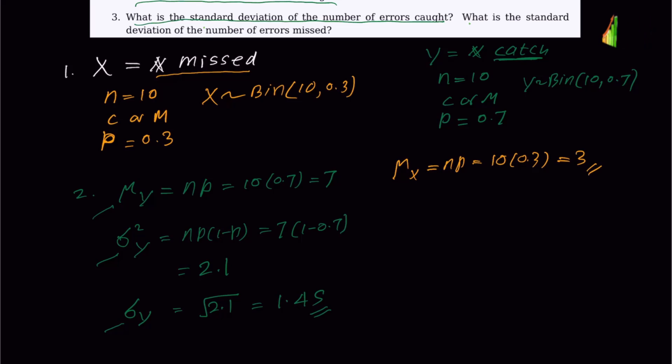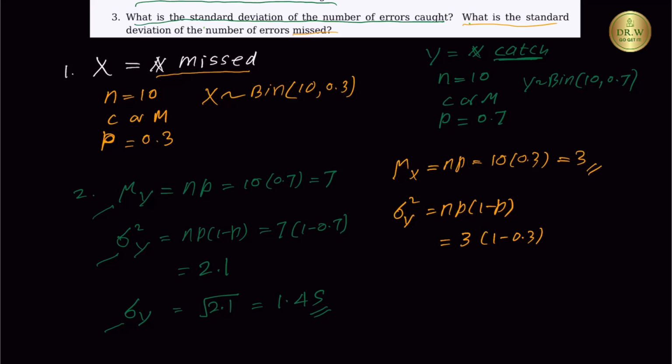Right, then go to the miss. They are asking actually what is the standard deviation of the number of errors missed. Right, first let me find the variance of x. It is again np(1 minus p). So np equal 3 here, 1 minus 0.3.